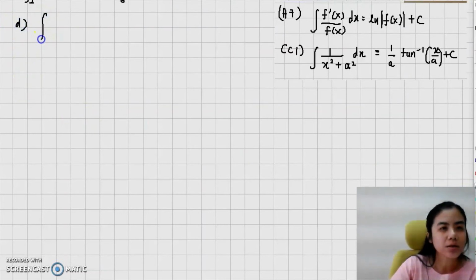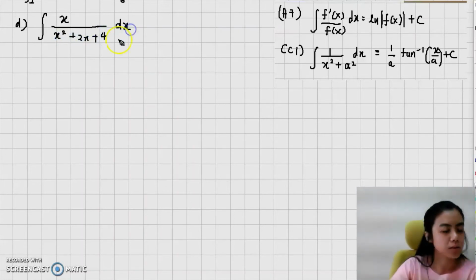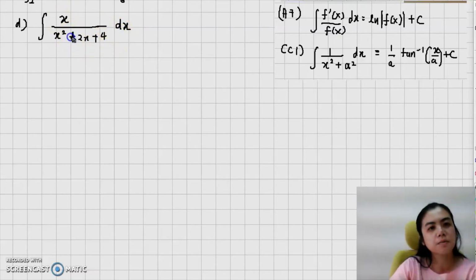So we have an integration of x over x squared plus 2x plus 4. What you have here is slightly different from just now.